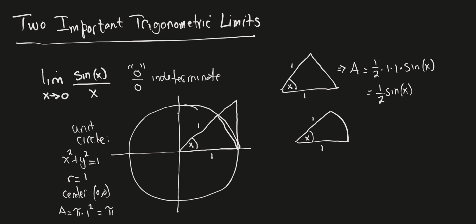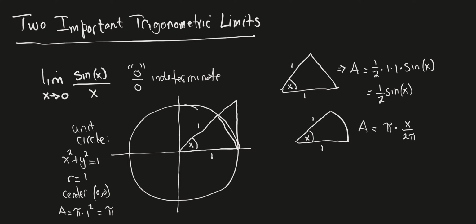Well, the full pizza pie has 2 pi radians, and we've taken out the sector that's comprised of x radians. So the area of this sector is the full area, which is pi, times the fraction x over 2 pi, right?